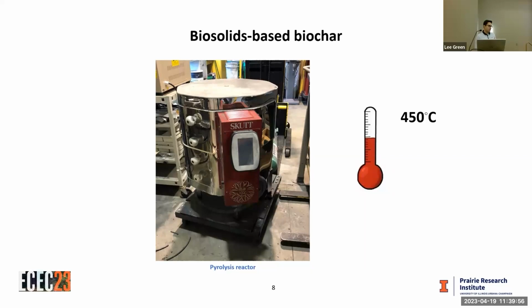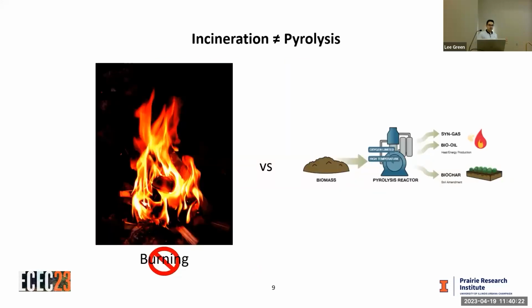Usually pyrolysis is run at temperatures of 900 or even 1,000 degrees Celsius, but we lowered the temperature to 450 Celsius, so that we can reduce the cost of this process a lot, but at the same time guarantee that we are carbonizing the components. So this is different from incineration.